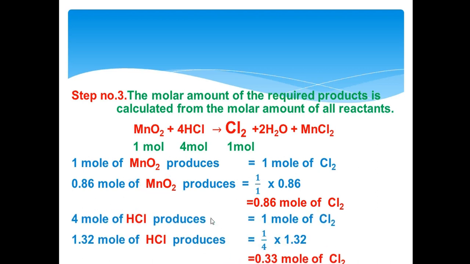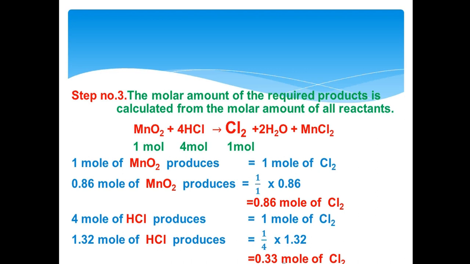Similarly, 4 moles of HCl produce 1 mole of chlorine in the balanced chemical equation, while 1.32 moles of HCl will produce 0.33 moles of chlorine. Manganese dioxide produces 0.86 mole of chlorine during the reaction, which is a large quantity, while HCl produces 0.33 moles of chlorine, which is a lesser quantity.